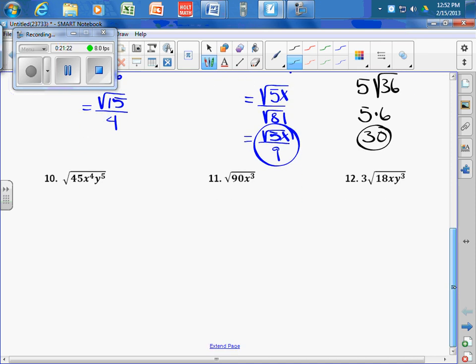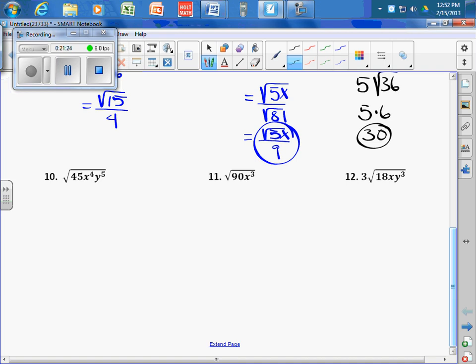And in the last set of problems, 45, x to the 4th, y to the 5th. Well, I'm going to break the 45 up into 9 times 5. Why? Because 9 is a perfect square. I'm going to write down x to the 4th. I'm going to take one of these y's away and write it y to the 4th times y. The reason why I'm doing that is so that I make an even exponent that I can divide by 2.